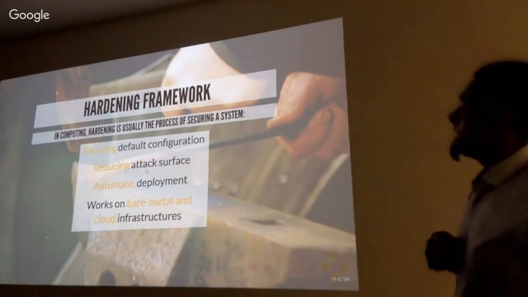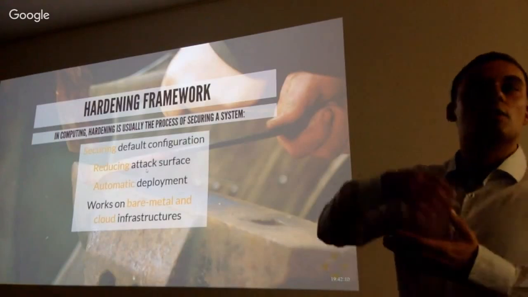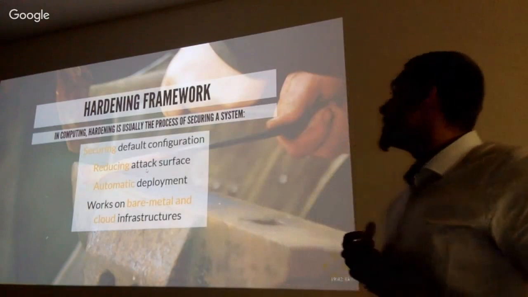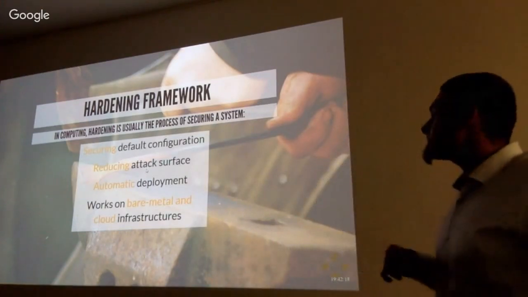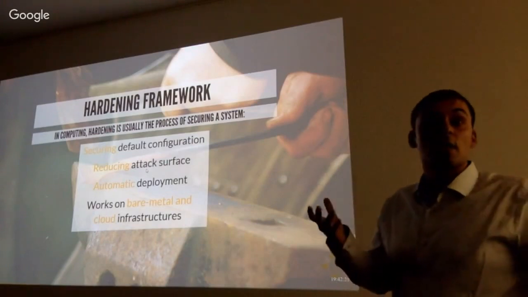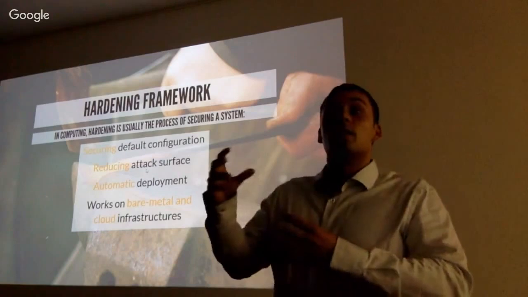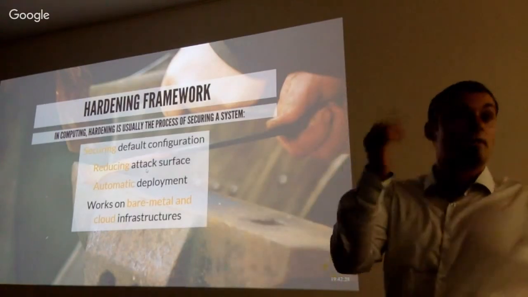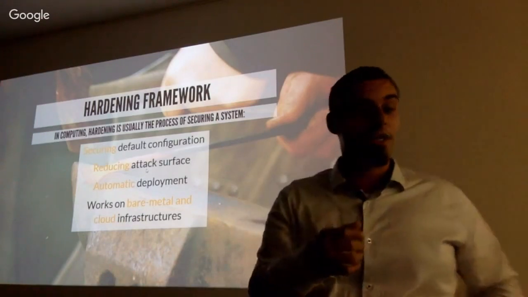And hardening means that's a process of securing a system. So you want to roll out secure configurations for SSH or operating systems. So you have a secure default configuration, reduce your attack surface because you limit the services that are listening on interfaces, automatic deployment with Chef and so on, works on bare metal, cloud, and also for Docker containers.